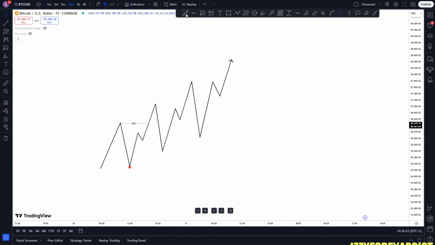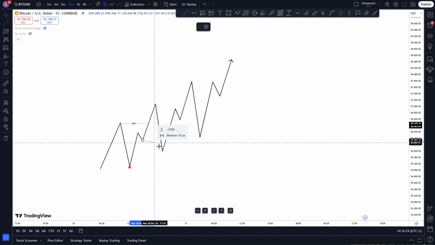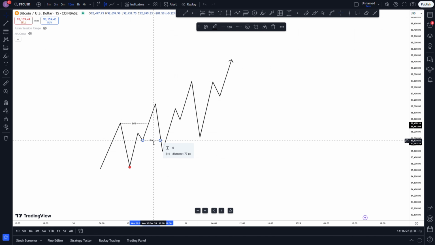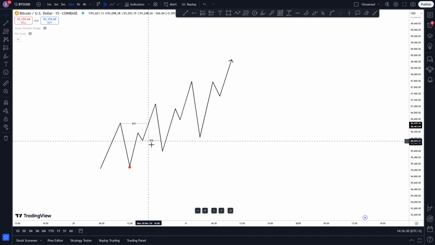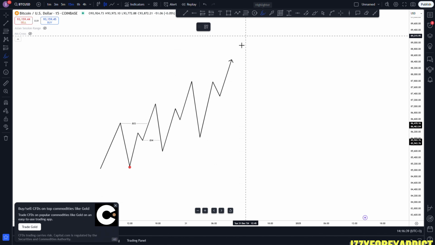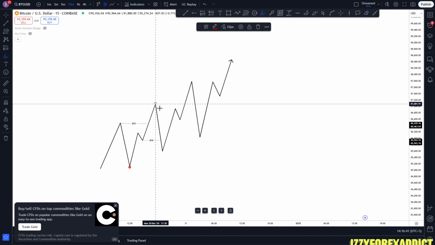This first pullback is normally liquidity, or what we call inducement in SMC. This liquidity is people who came into the market earlier, so price has to come liquidate them, take their profits or their money.